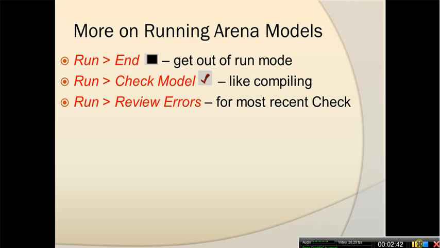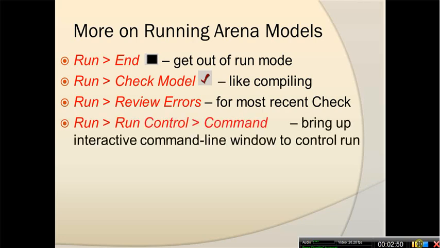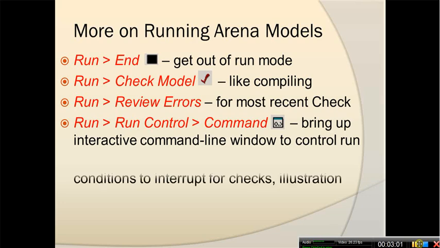And we can also go Run, Review Errors, and this is helpful to get the most recent check. And then we can do Run Control, and then Command or press this button to bring up an interactive command line window to control the run.